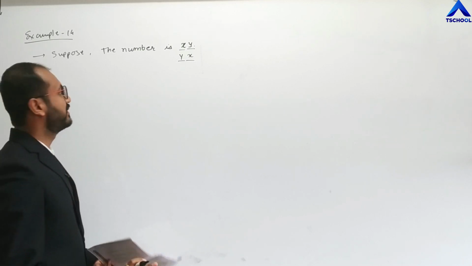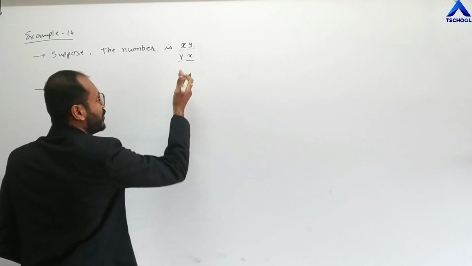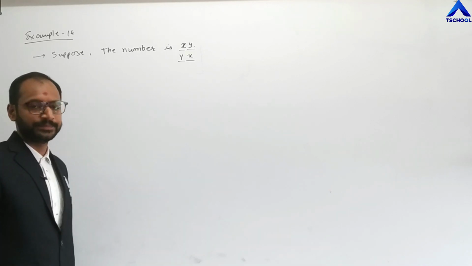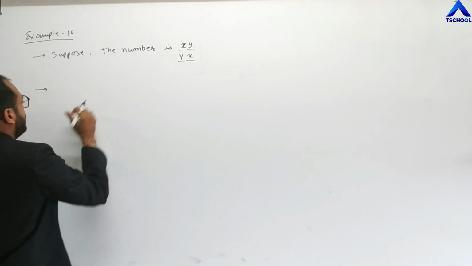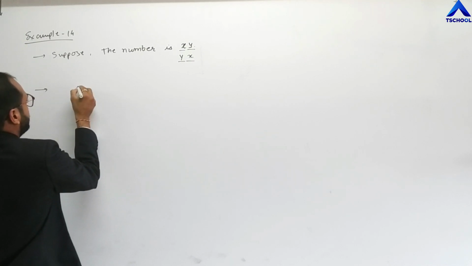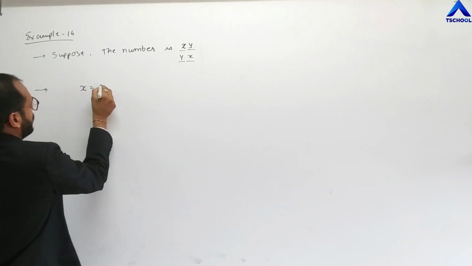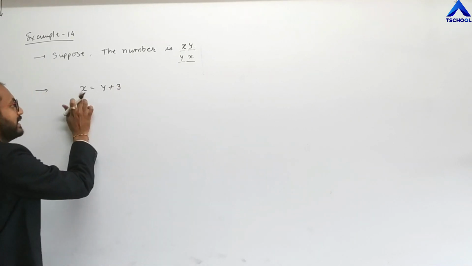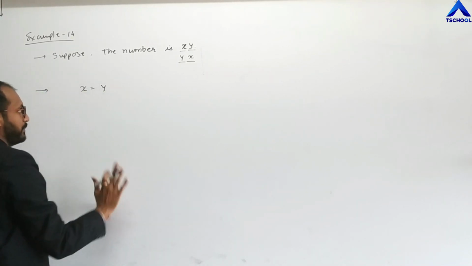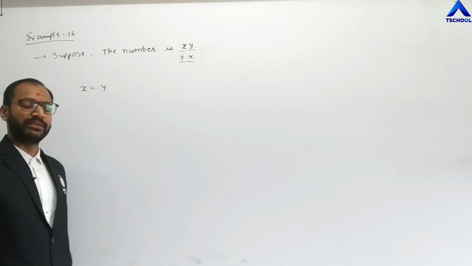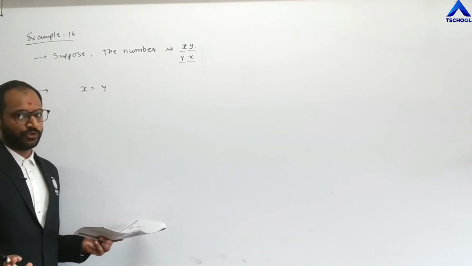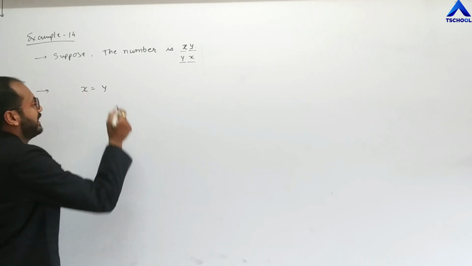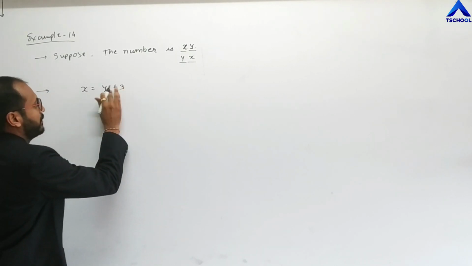You may consider anything, xy or yx; there is no change in the answer. So let us consider this xy. Then first of all, the relationship is x equals y plus 3. That means this x is greater by 3, so I have to add 3 to the number y.